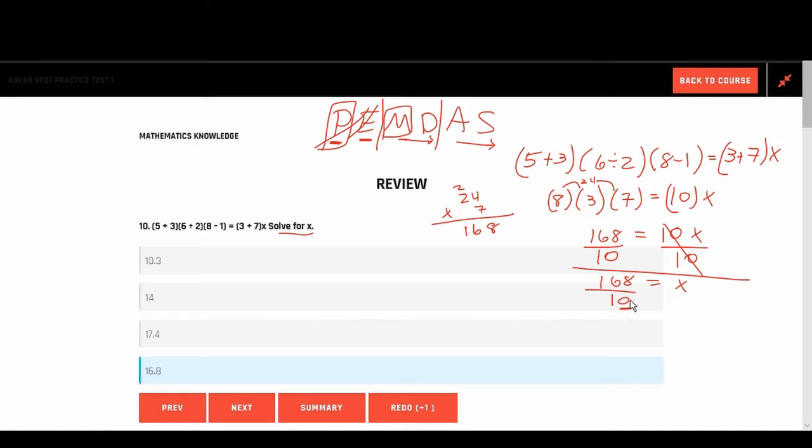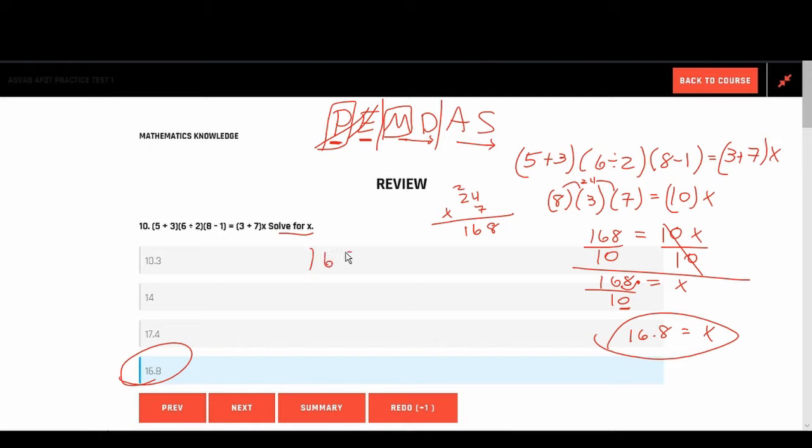So in 10 there's 1 0, and remember that decimal is sitting right here. So 168 divided by 10, you just shift this decimal to the left 1 because there's 1 0. So we know that's going to be 16.8 equals x, which is right there.